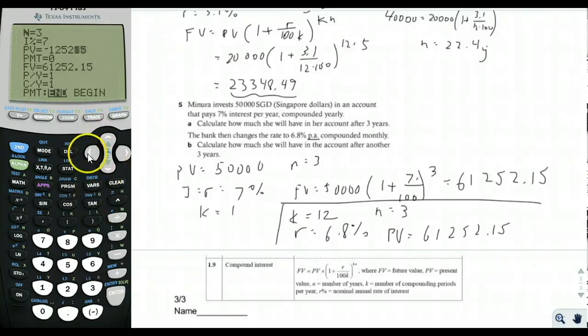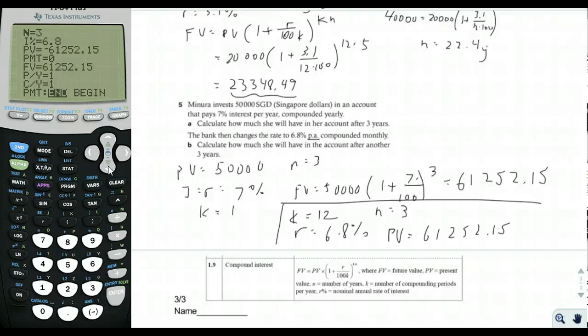Oops. There's got to be a second. Okay. Interest rate is now going to be 6.8%. It's going to be 3 more years.